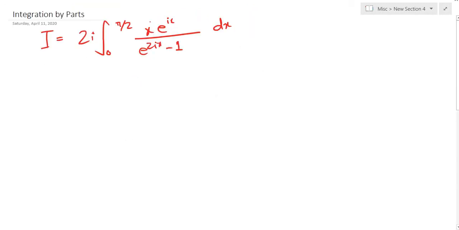So since we are going to be differentiating the x, let's just leave that because it's easy to find the derivative of just x. What we're concerned with actually is to find an antiderivative of e raised to ix divided by e raised to 2ix minus 1 dx. Just the antiderivative, we don't have a definite integral here.